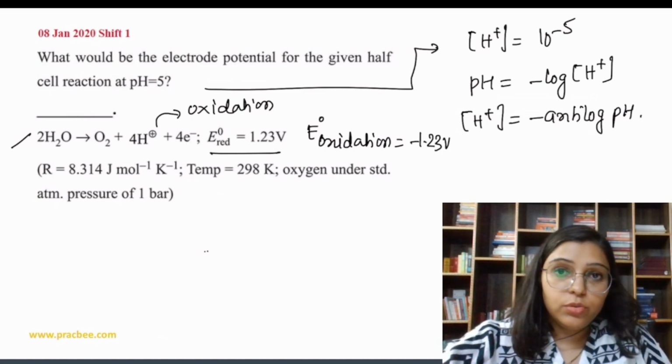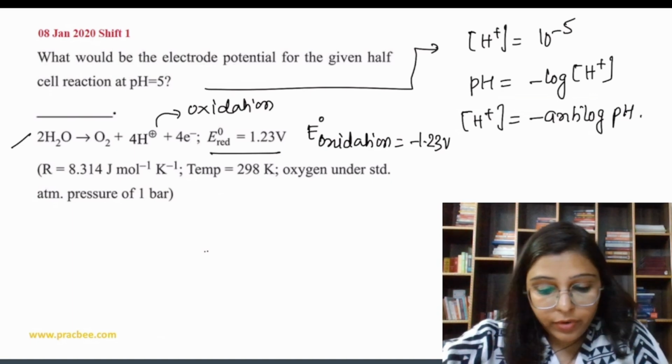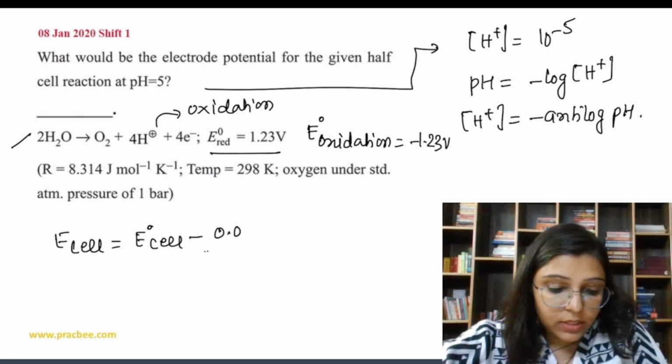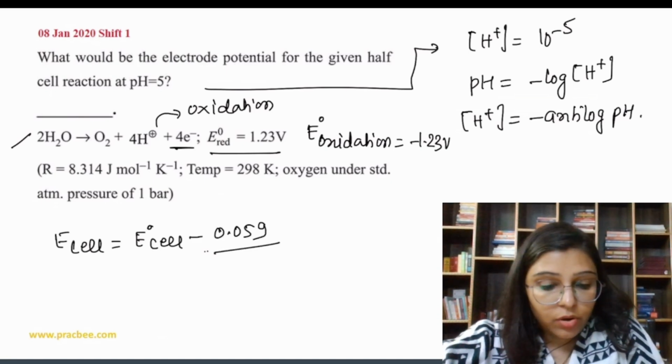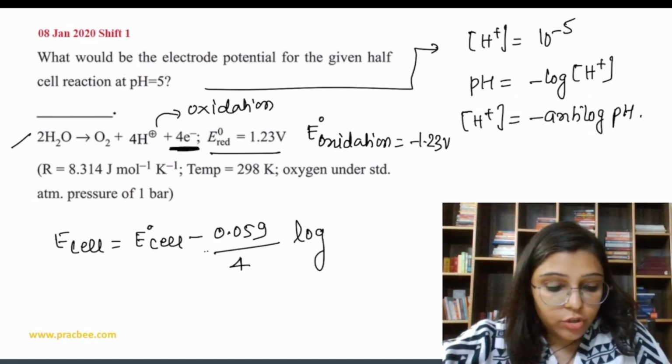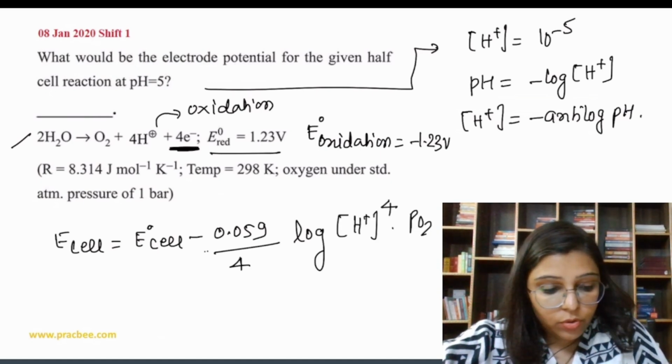Now we have to find out E cell. So E cell is equal to E naught cell minus 0.059 upon the number of electrons exchanged, which is 4, and then log of the concentration of H plus to the power 4 and the pressure of O2.